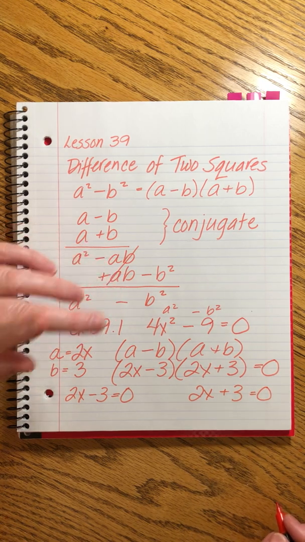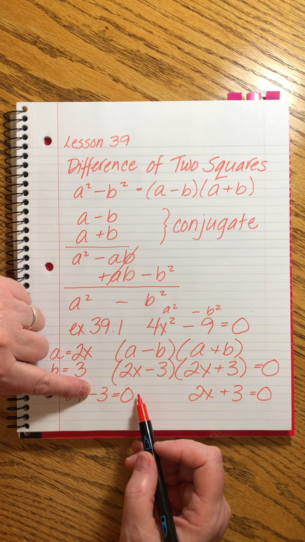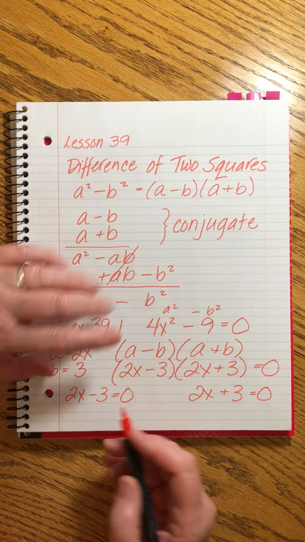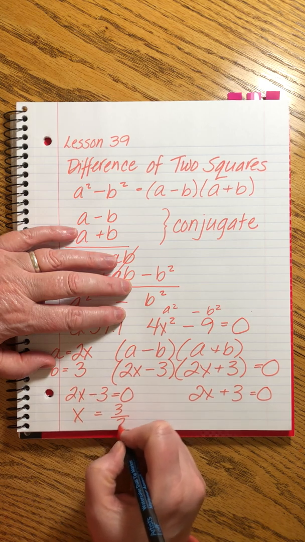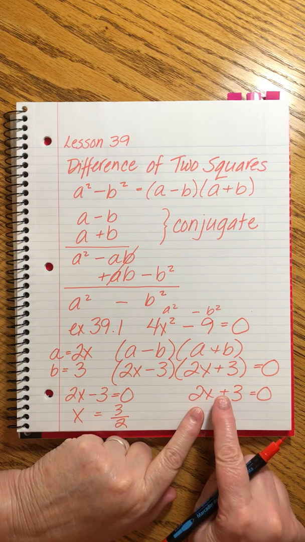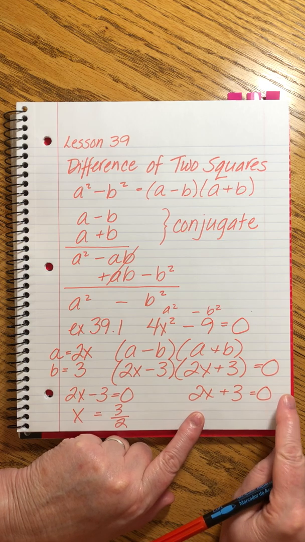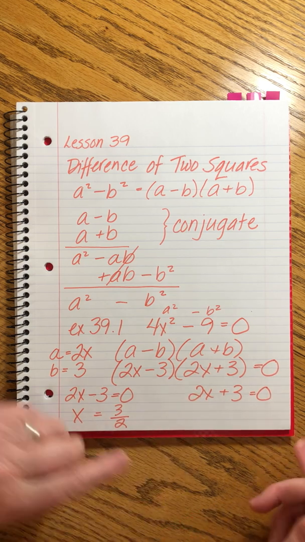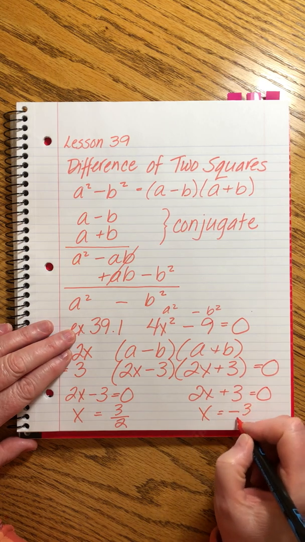And now I'm going to do some mental algebra. I'm going to change sides. That becomes positive 3, and then I'm going to divide by 2. So x equals positive 3 over 2. That's what this one leads to. Over here, I'm going to do the same thing, but I'll get a slightly different answer. I'm going to have to subtract. So it'll be minus 3, and then I'll divide by 2. So it'll be x equals minus 3 over 2.